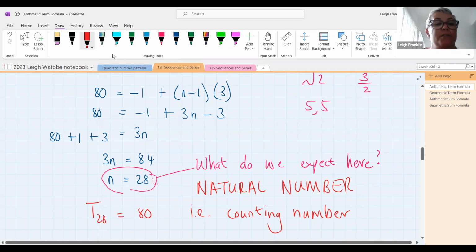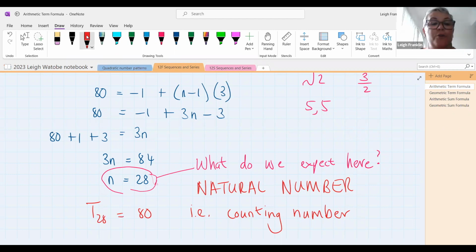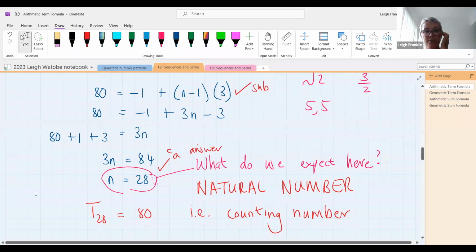At your level now, there would be a mark for subbing in, and then there would be an accuracy mark or maybe a CA mark on your answer. So not worth a lot of marks, but the bread and butter of arithmetic sequences: we've got to be able to work backwards and forwards.